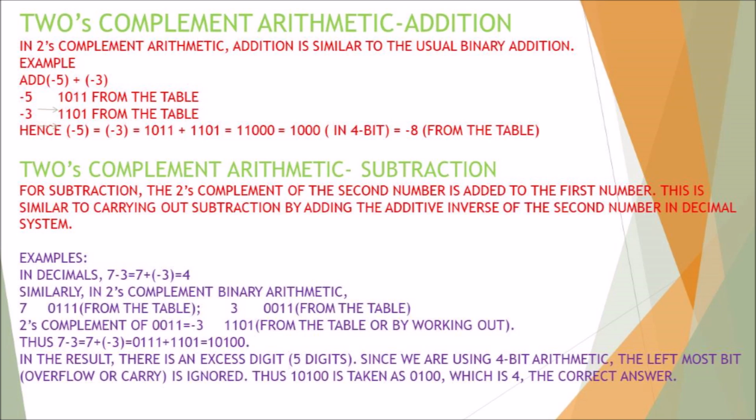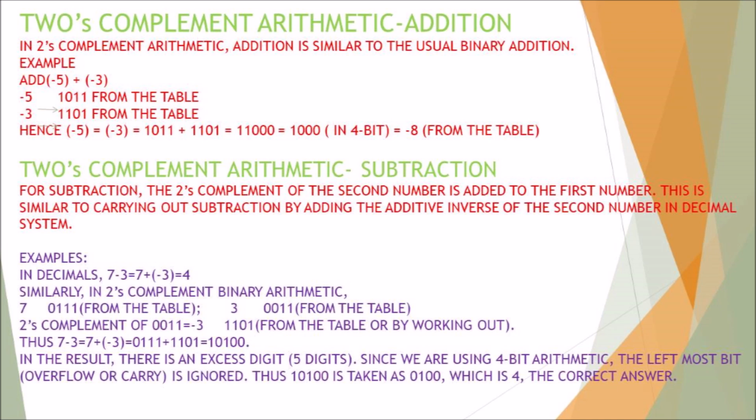We have to find the 2's complement, so we find the 1's complement and add 1. The 2's complement value for minus 3 is 1101.